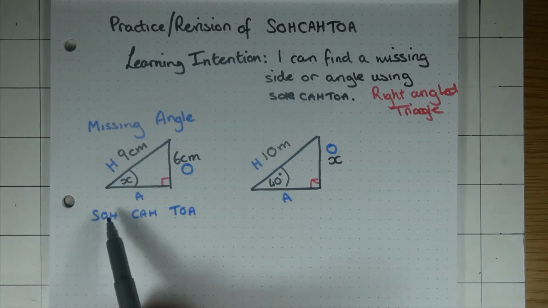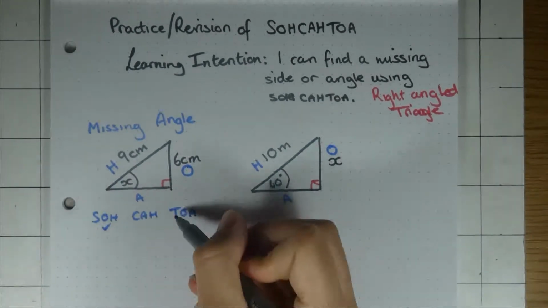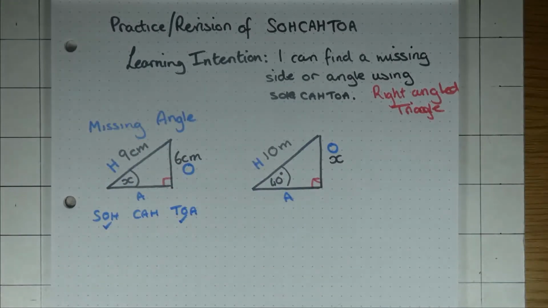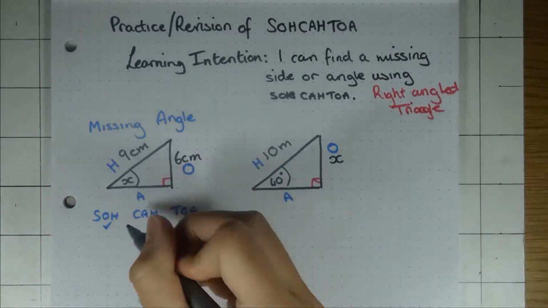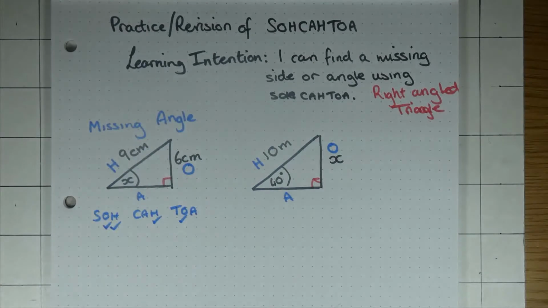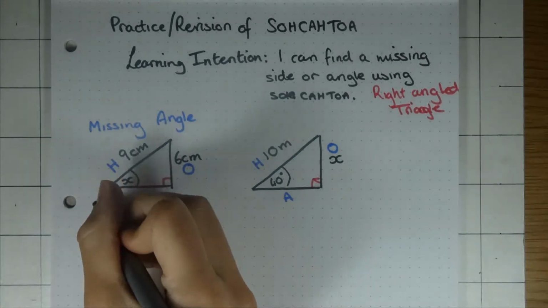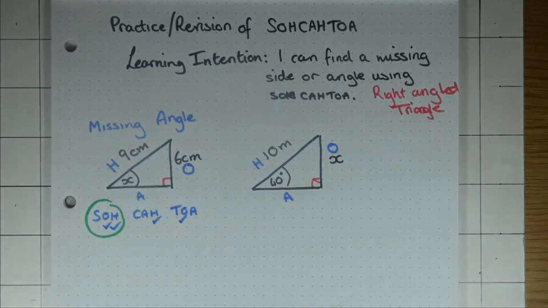But what do we have? We have the opposite, so we tick, and we have the hypotenuse, so we tick. Whichever one of these has the two ticks gets circled, and that tells us whether we are using sine, cos, or tan.